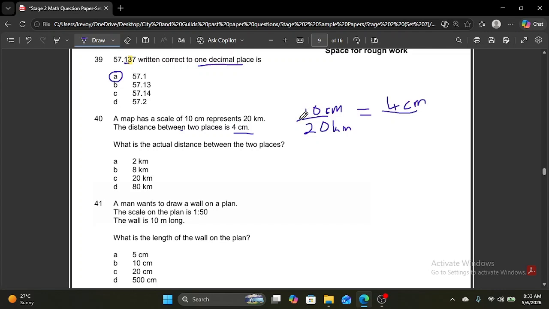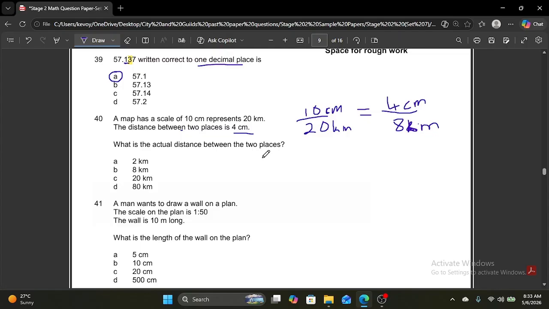That's the relationship right there. So when you have 4 centimeters, we can multiply by 2 as well to get the answer for below. So 4 times 2 is 8. So you'd have 8 kilometers right there, and that will be your answer.